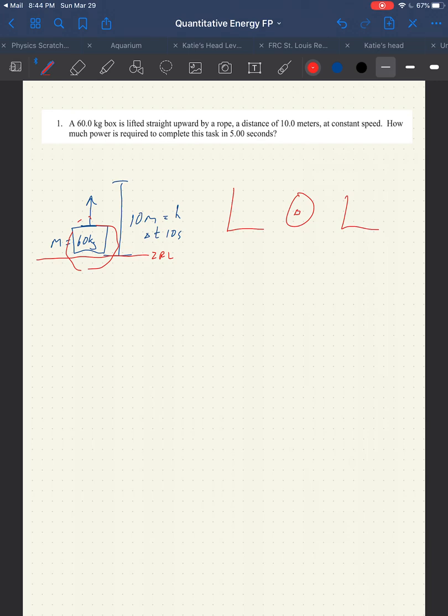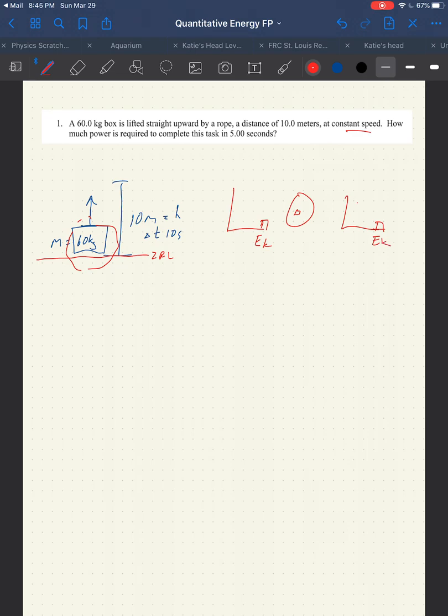What's our energy bar graph going to look like? Hopefully you understand if you're at the ZRL and we're moving at a constant speed, then we've got a kinetic energy here, and we'll also have a kinetic energy here. That's the same.